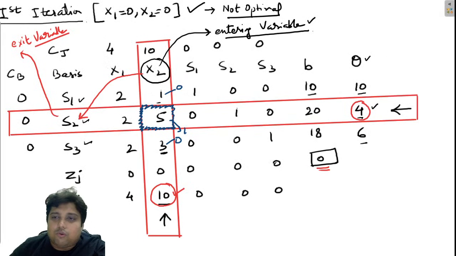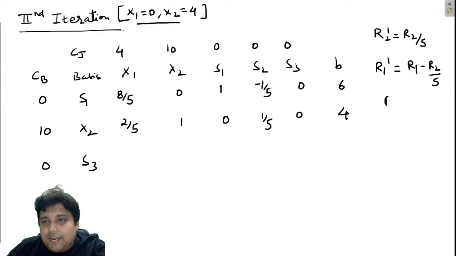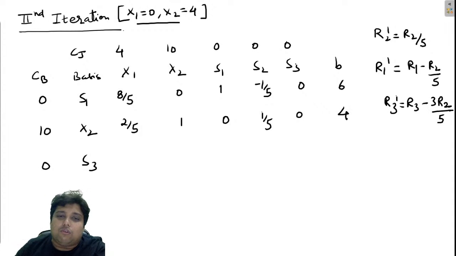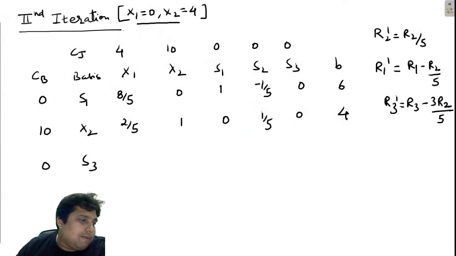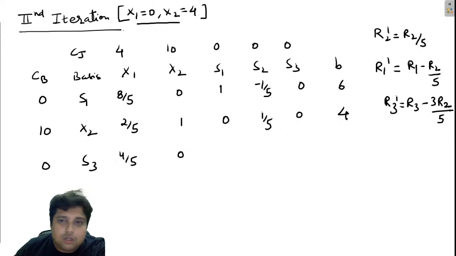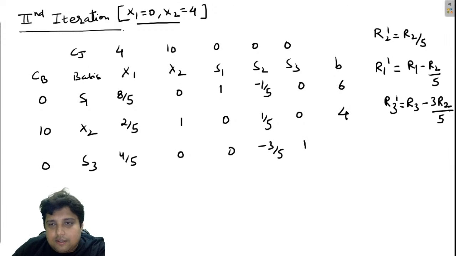So what we need to do for a completely new third row, we will be taking the old third row, multiply the second row by 3 and divide it by 5 so that I can get a value of 3, and subtracting will be getting 0. So this is coming out as 4 by 5, 0, 0, minus 3 by 5, 1 and 6.